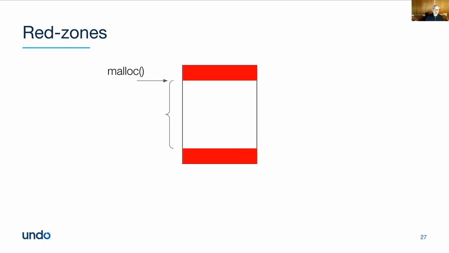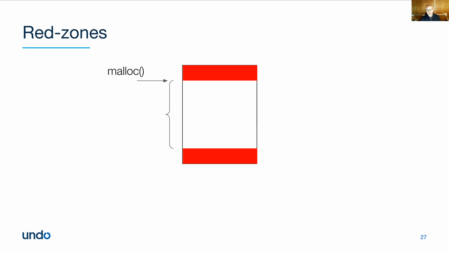The answer is that otherwise I can't really detect a buffer overrun, because the memory immediately after this malloc would also be valid. So I put red zones before and after. They're not a page; they're typically something like 32 bytes, and then we can detect buffer overruns.